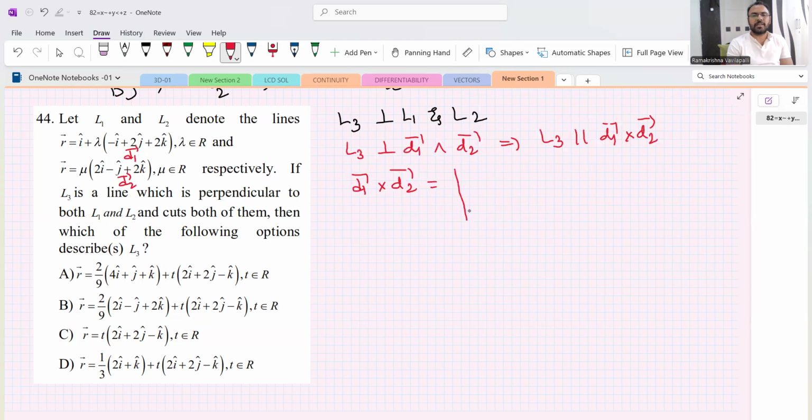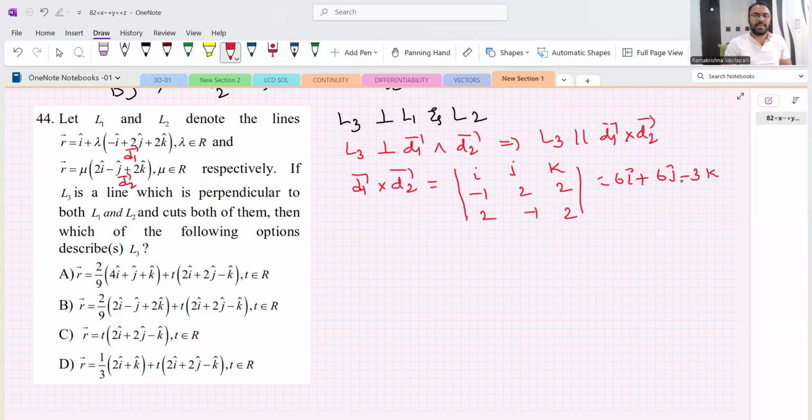That is equal to the determinant of i, j, k, minus 1, 2, 2, 2, minus 1, 2. This is equal to 4 plus 2, 6i, minus 2 minus 4, plus 6j, and this is 1 minus 4, minus 3k.